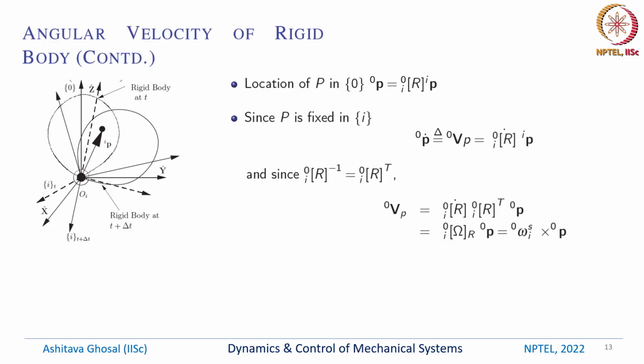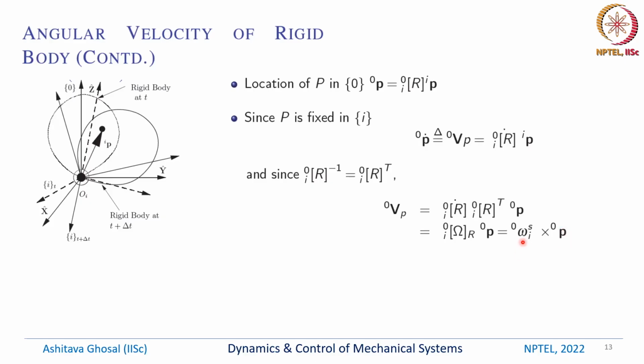Now let us look at this term. This is R dot R transpose. This is the skew symmetric matrix coming from the right multiplication, which is 0I omega R, and we are left with 0p. So the linear velocity of this point in the 0 coordinate system can be written as omega cross 0p.